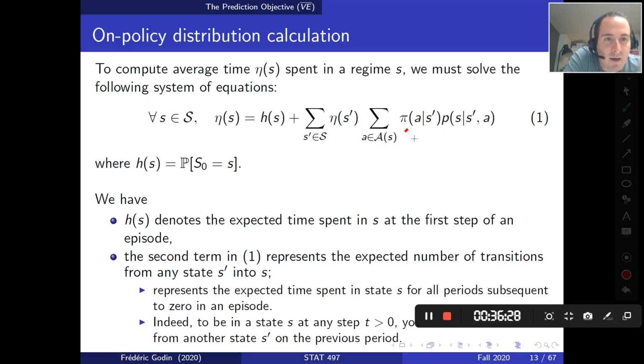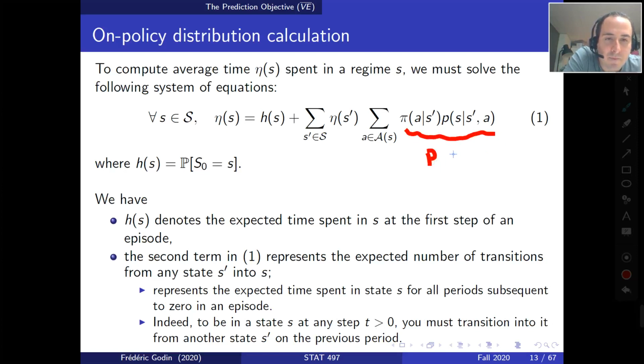So this can be expressed as the probability to transition from state S prime to state S.